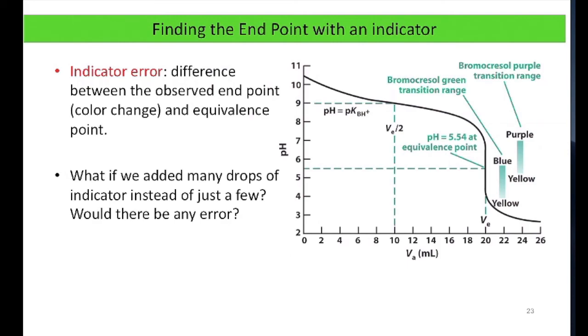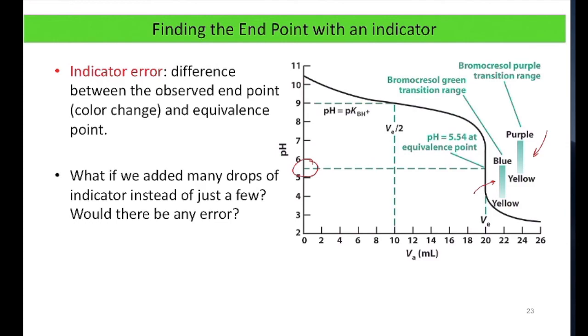In the titration curve to the right, it shows two potential indicators that could be used for this titration. In this case, the endpoint is around a pH of 5.5, so you want an indicator that changes color at around pH 5.5. You could use bromocresol purple, which changes color over a range of between pH 7 and 5, or bromocresol green, which changes color over a range of pHs between about 6 and 4.